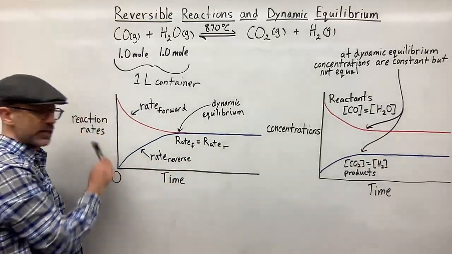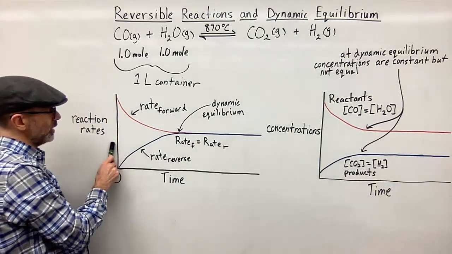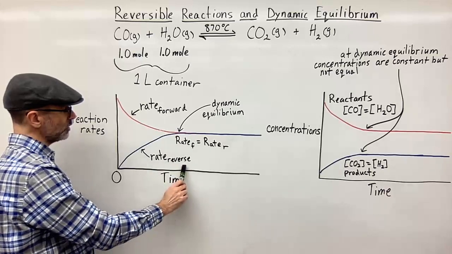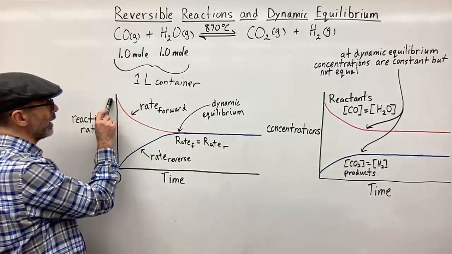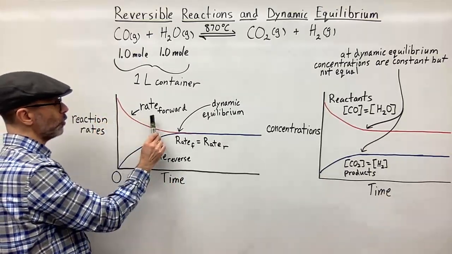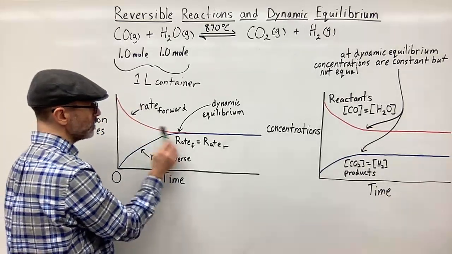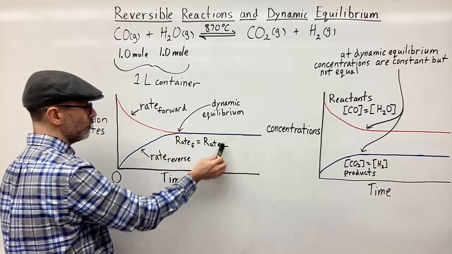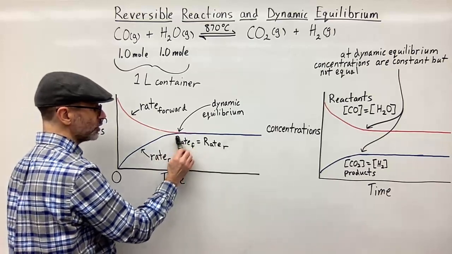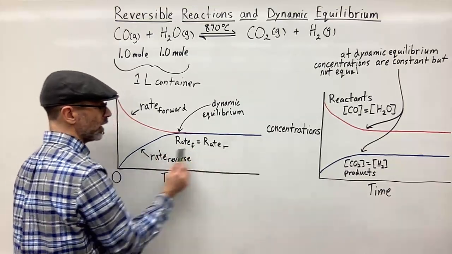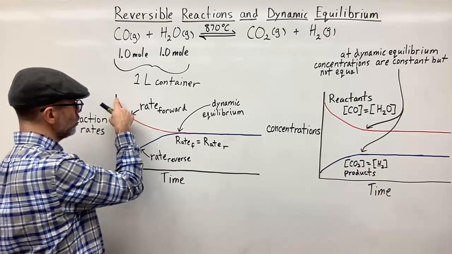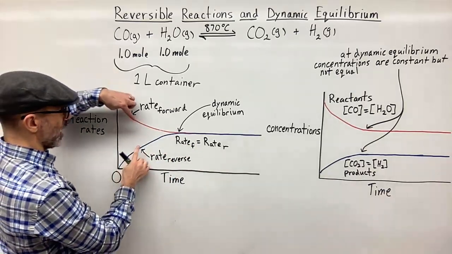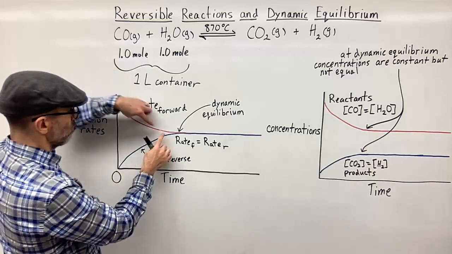So the rate is increasing for the reverse reaction, and the rate is decreasing for the forward reaction until when? Until they equal each other. So the rate of the forward reaction is equal to the rate of the reverse. You can see that the rates of the forward and reverse reaction meet.